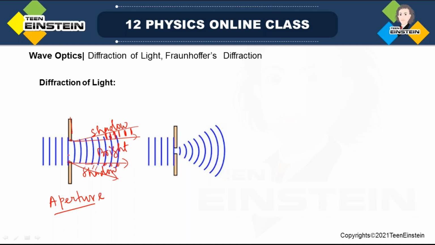If this hole or opening or the aperture is very small, in that case, light will bend a lot. And after bending, light will be diverging in all directions.